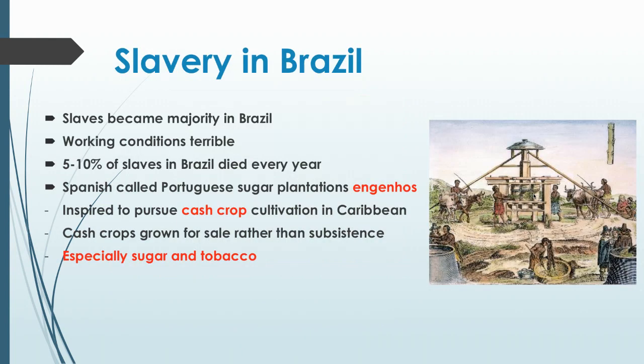And slavery in Brazil is some of the nastiest treatment of human beings in world history, because the working conditions on these slavery plantations were terrible, working from dusk till dawn. This is where the symbol of the whip becomes kind of the symbol of tyranny of the slaver to the slave. And the numbers of turnover on slaves in Brazil are terrible. 5 to 10% of all of the slaves in Brazil are going to die every year.